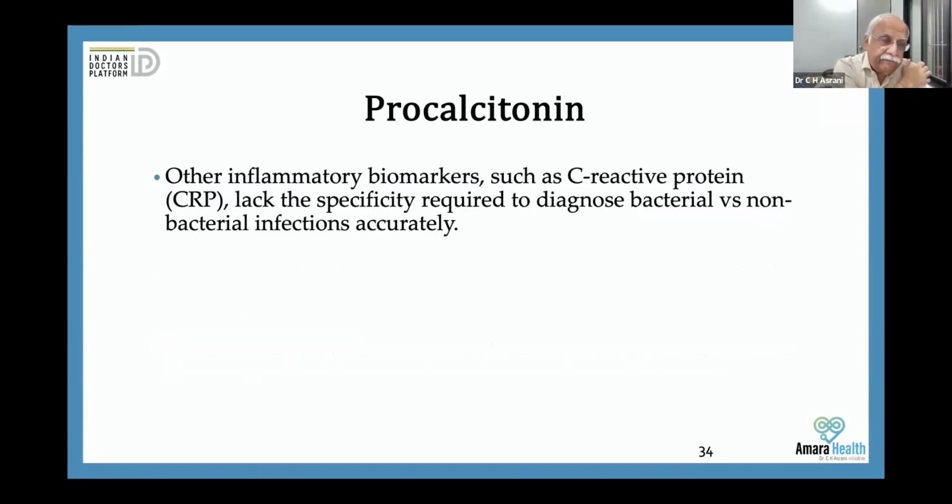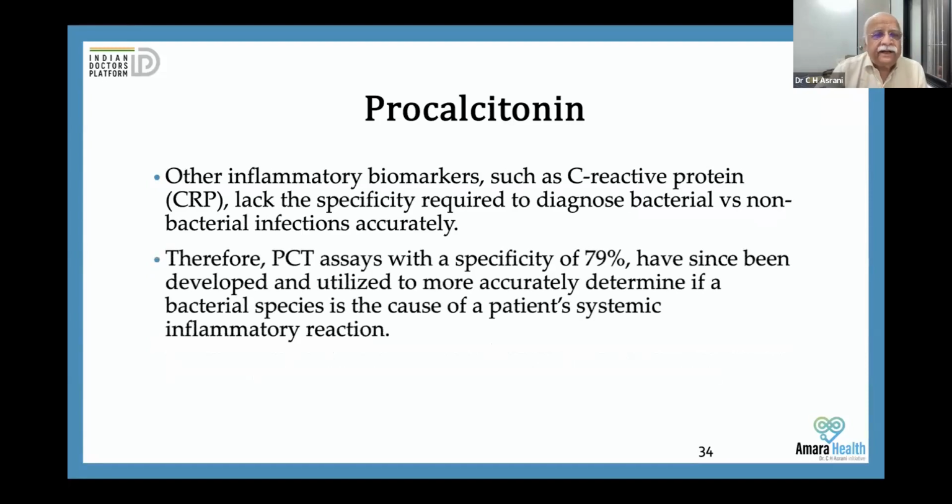As we said initially, CRP cannot tell you whether it is bacterial or non-bacterial or viral, or just a very acute attack of rheumatoid arthritis. PCT still has a specificity of 79%, but it is a gold test. If there is sepsis, procalcitonin should be high and there should be evidence of dysfunction in at least one organ. Of course, if the patient has low immunity, that one organ dysfunction will go into multi-organ dysfunction syndrome and may prove fatal.